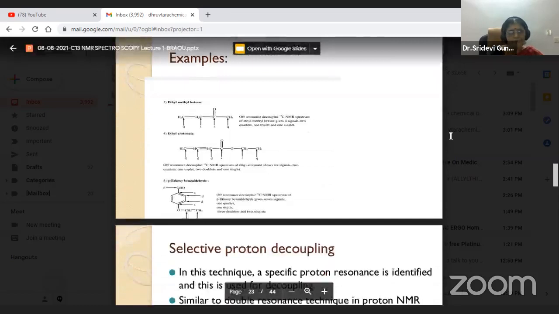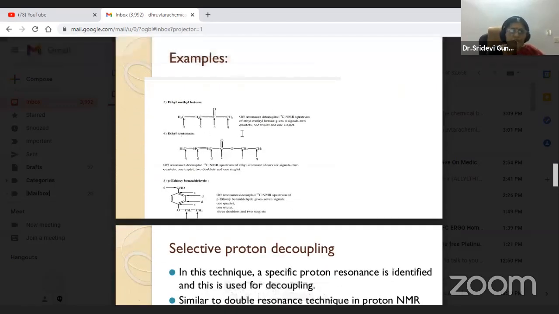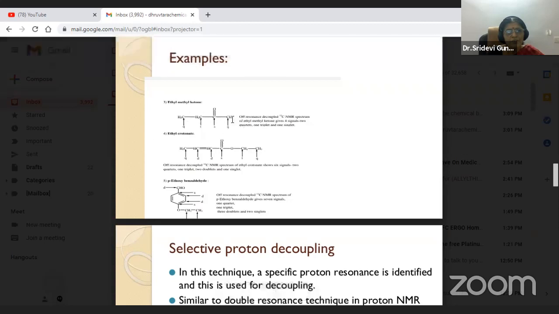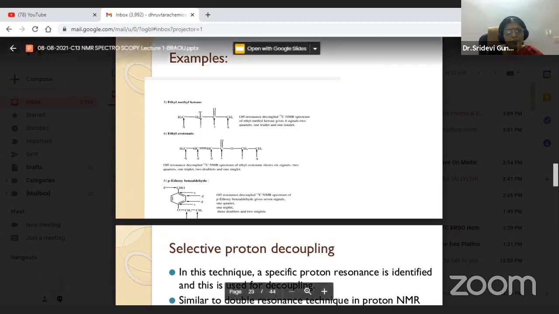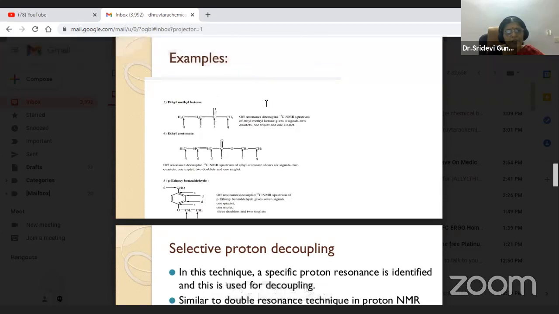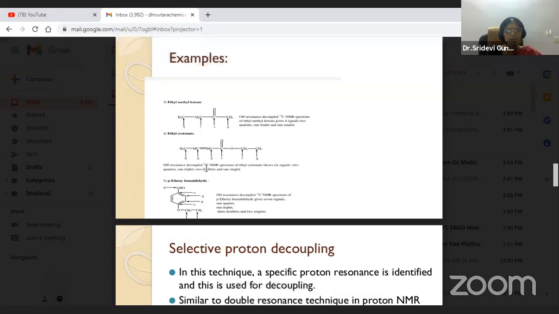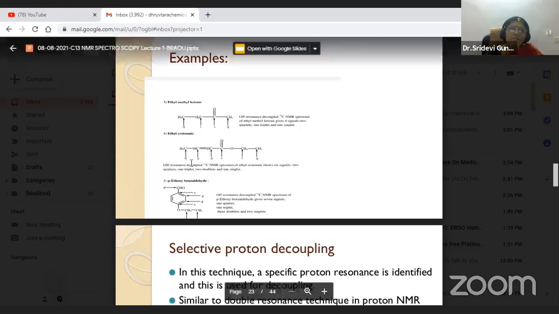More examples. Ethyl methyl ketone: there are 4 non-equivalent carbons, so 4 signals. The off resonance decoupled spectrum gives 2 quartets, 1 triplet for the CH2, and 1 singlet for the carbonyl. Now ethyl propenoate, the ethyl ester of propenoic acid.